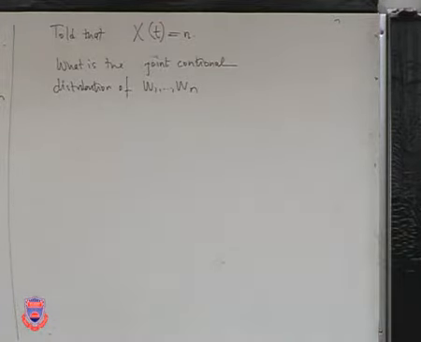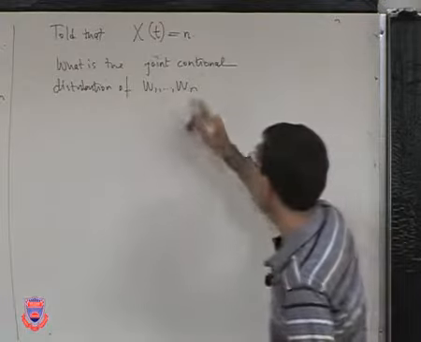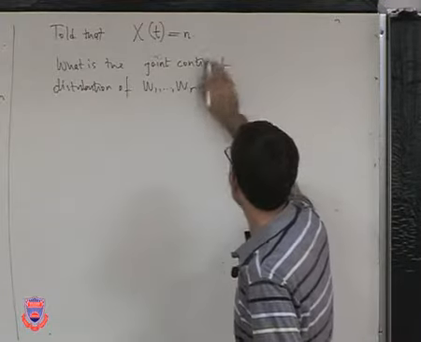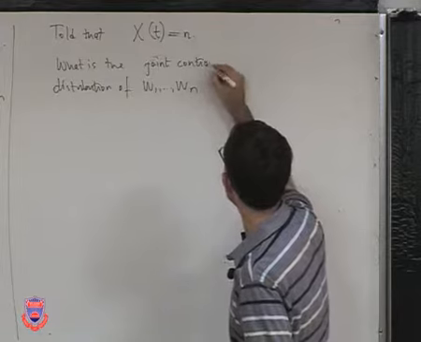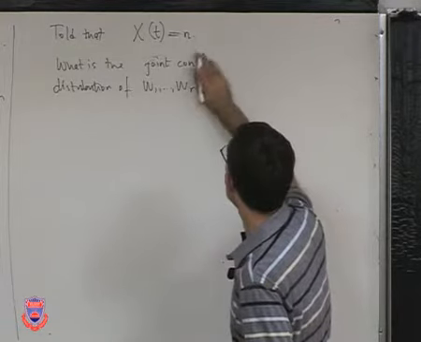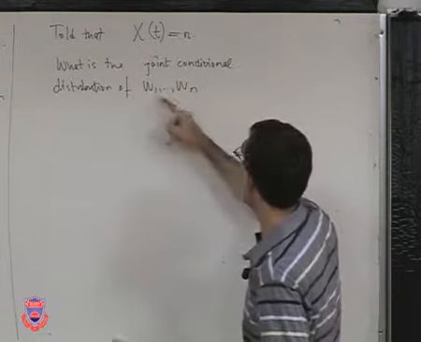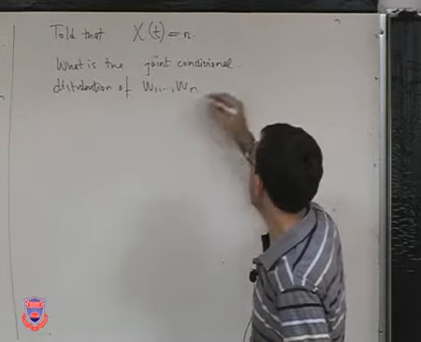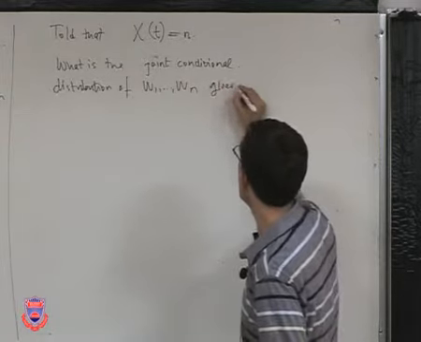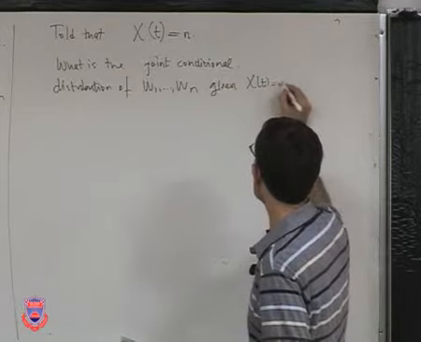Where are they in the interval from 0 to t? The conditional distribution of W1 to Wn given that X_t equals n.